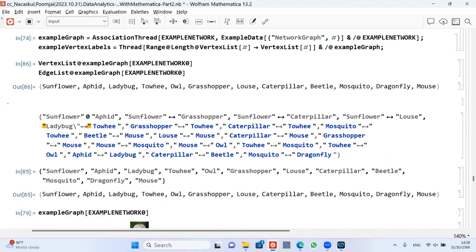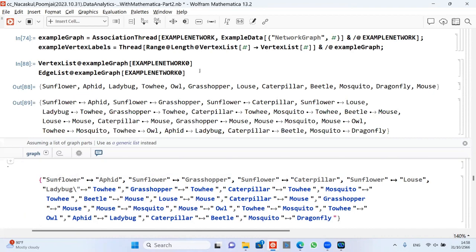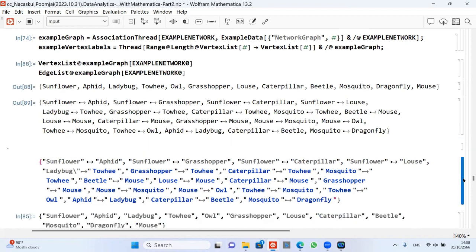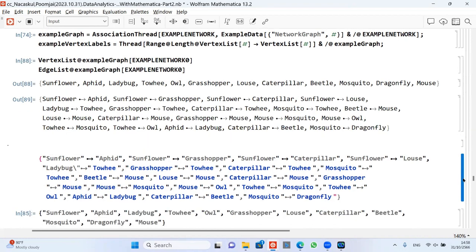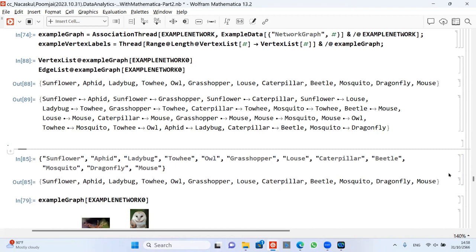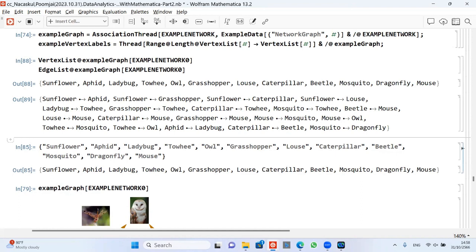Now, that's fine, that's a graph. But in order to work with it, I can't work with this symbolic thing. I have to work with numbers. So what kind of numbers, what kind of mathematical object do you think best represents this relationship?